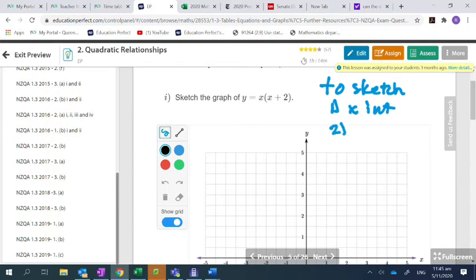Okay? Then, plot the vertex. And that's all you need. So, here's my first x. It's just plain old x. That means x plus what? 0. So that means that word is 0, right?